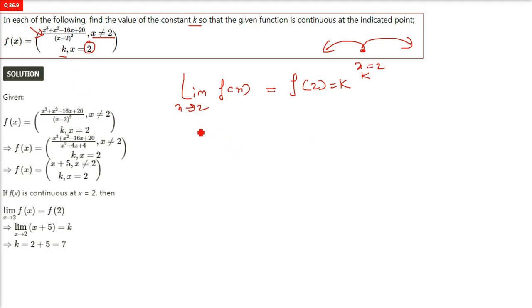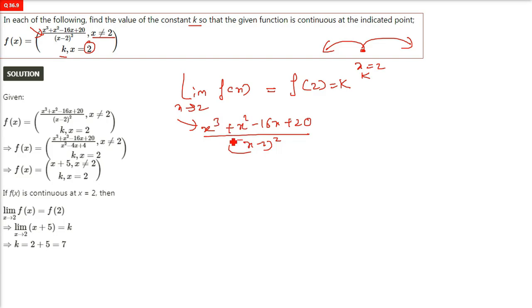Let us solve it. So we have x cube plus x squared minus 16x plus 20 divided by this. Since we have (x minus 2) whole square in the denominator, it is not (x minus 2) into (x minus 3) in the denominator.